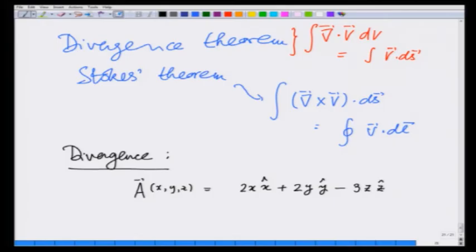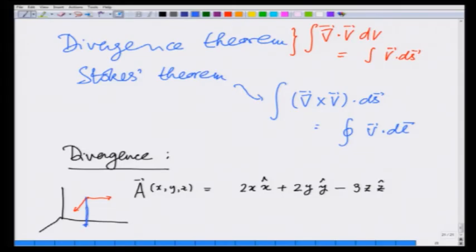So, you can see that at any given point it has all 3 components x, y and z. Let us look at a point somewhere here. It has a component in x and y direction, which are equal, and in the z direction it has a component which is 1.5 times the other components.